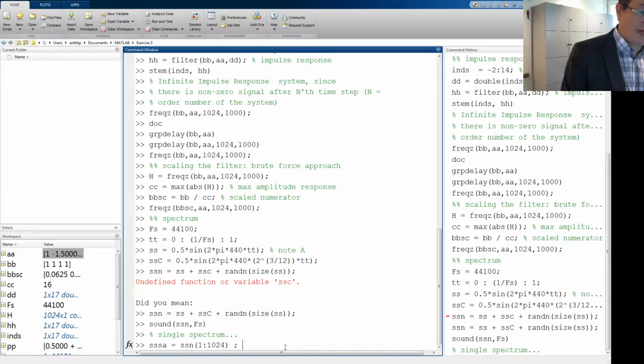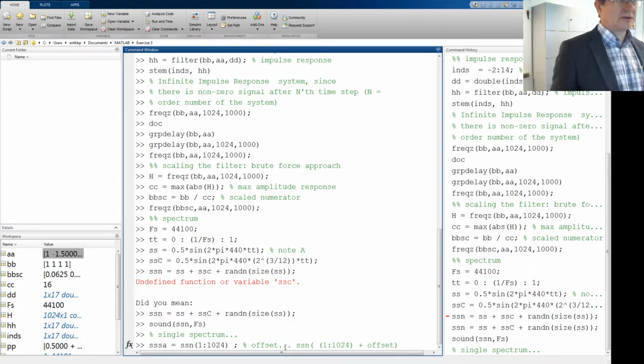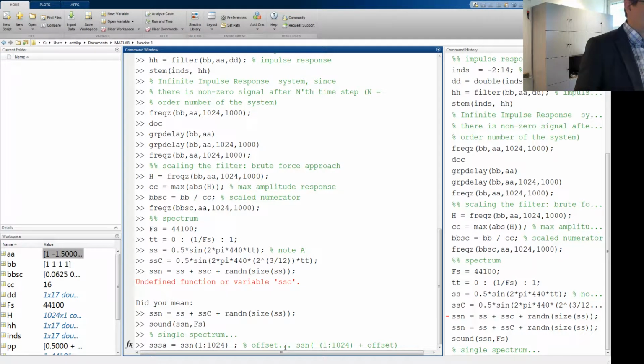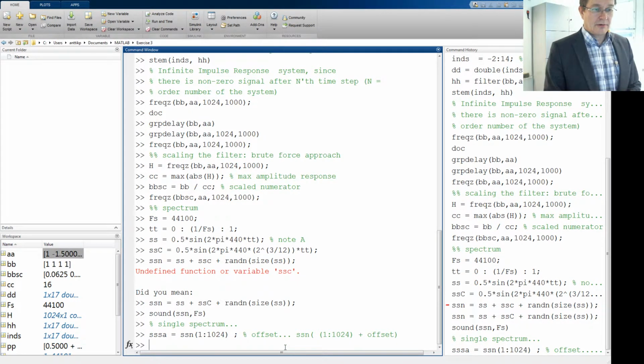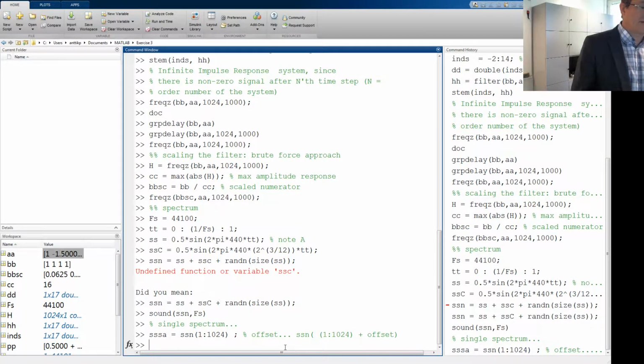You can always put an offset to that one, SSN, say 1 to 1024 plus the offset. Just as a hint to your question 9, I think. All right, so that's just one part of the signal.